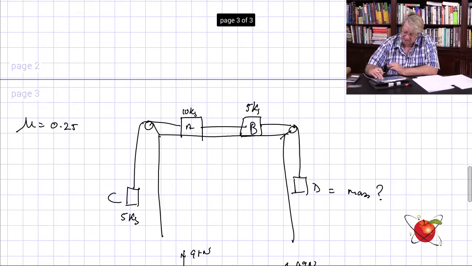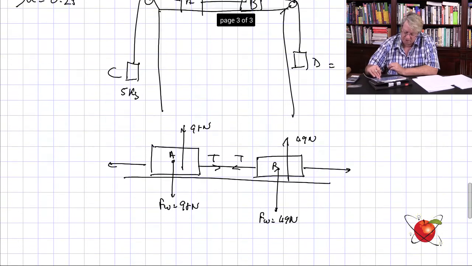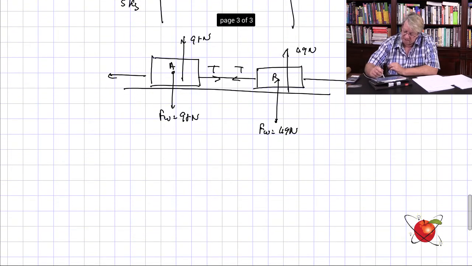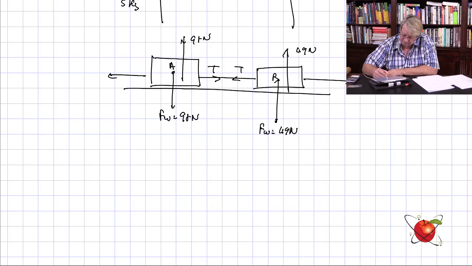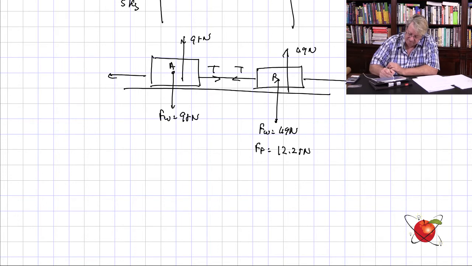Mu was given as 0.25. If mu is given, calculate FF. So FF for this one is 0.25 times 49, which is 12.25, and FF for this one is 0.25 times 98, which is 24.5 newtons.